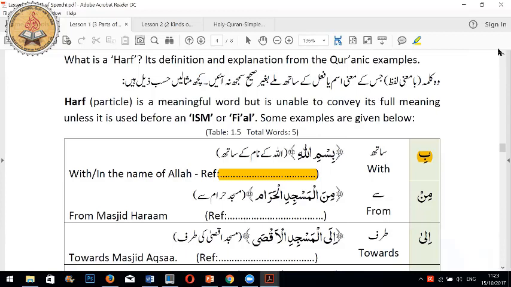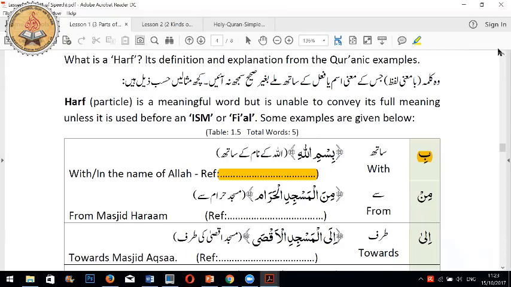This is your homework. Each homework will ask you to explore more and more about the context in which a certain word or phrase has been used. So in this way you will be consulting the Quran, the Kalamullah, first in this course for the purpose of learning.